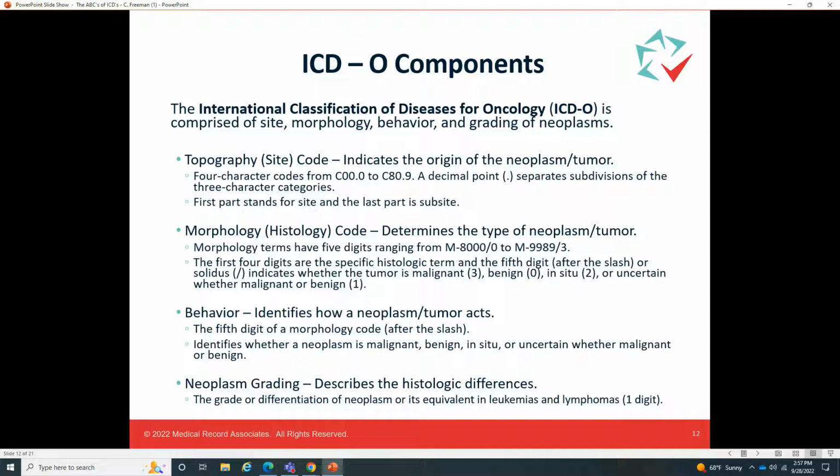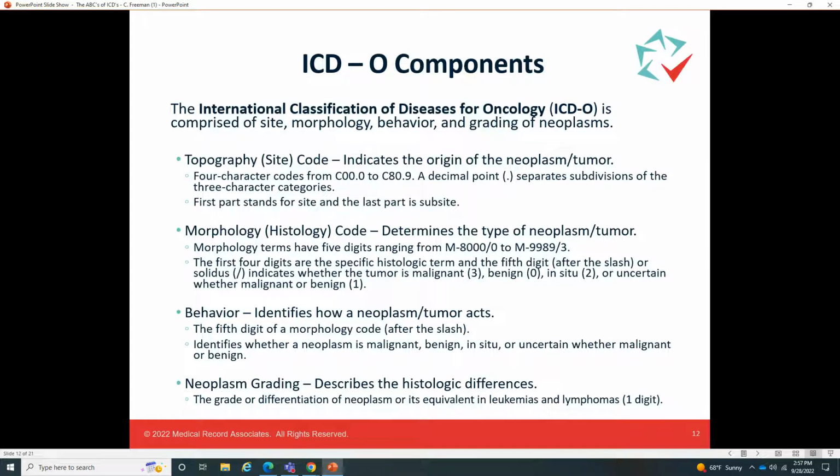A decimal point separates the subdivisions of the 3-character category. The first part is for the site, and the last part is the subsite of the site. So once again, we see how we can get more detailed and specific. We don't just want to know the general term, but exactly where within that site the tumor was located.